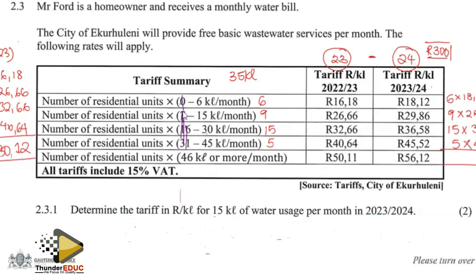So we also get the money there. How much do they get? When you do everything here, you end up having 1,153 rands 76 cents. So we're going to subtract now.